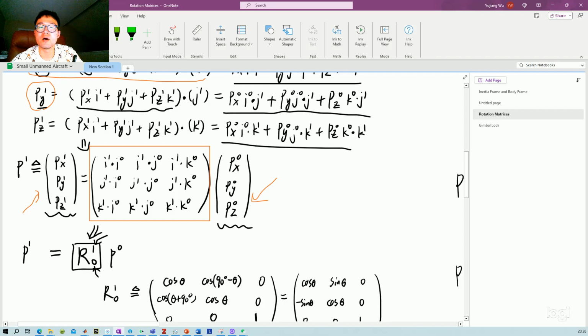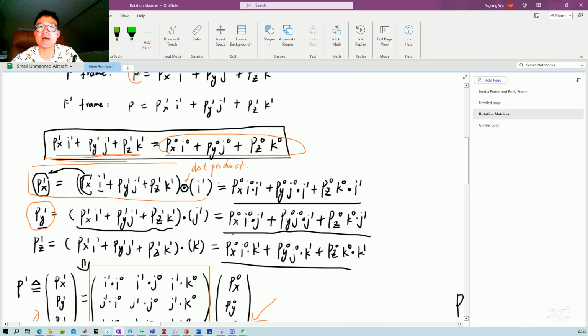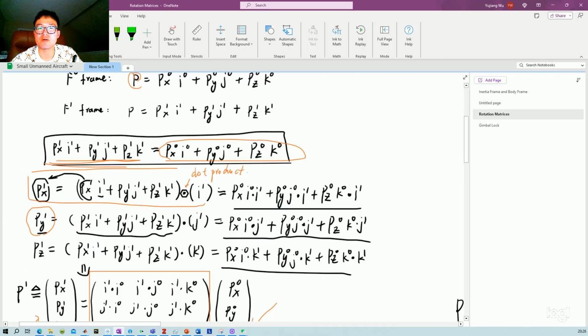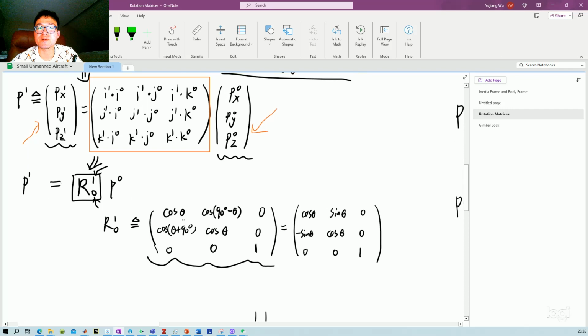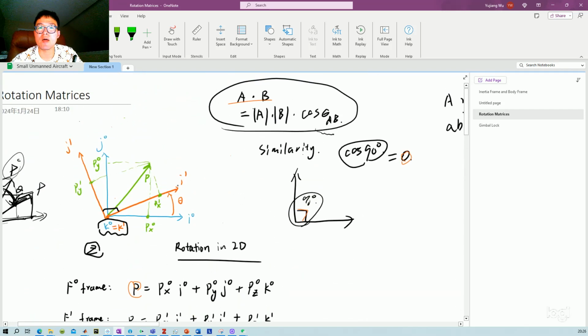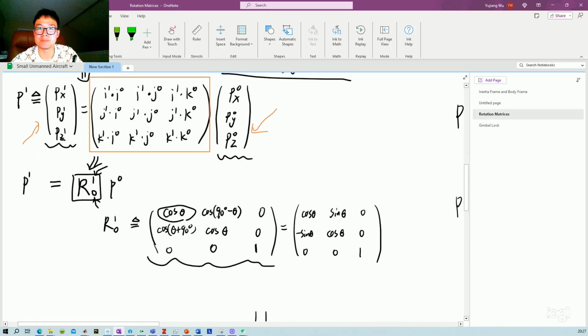But essentially, when we have this rotation matrix, it's very easy to get the conclusion that I1 dot product I0 is actually cosine theta, right? So that's why this first is cosine theta, and then I1 dot product G0 is 90 degrees minus theta. So using trigonometry, you will get a sine theta.